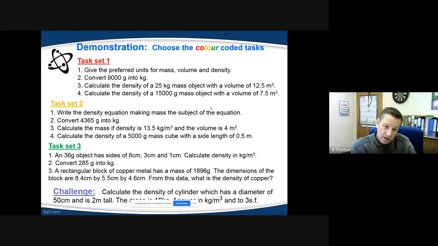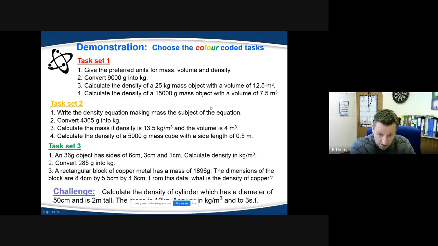So convert the centimeters to meters, so that's 0.084, 0.055, 0.046. Multiply those 3 together to get the volume, and then you'll do 1.896 divided by that volume, and the answer should come out as 8,922 kilograms per meter cubed.